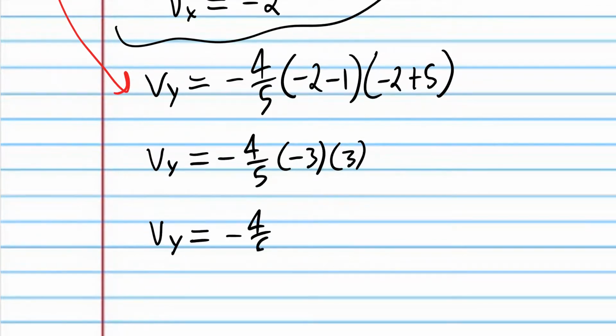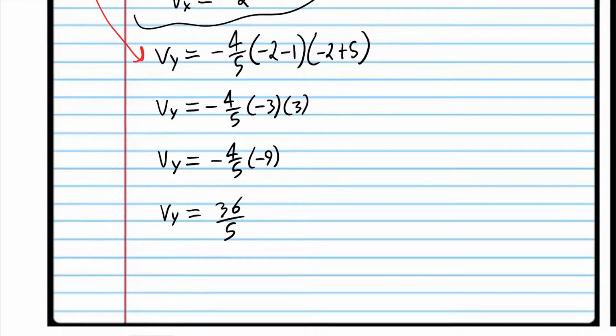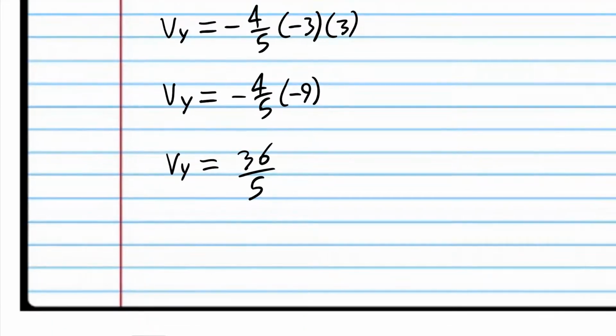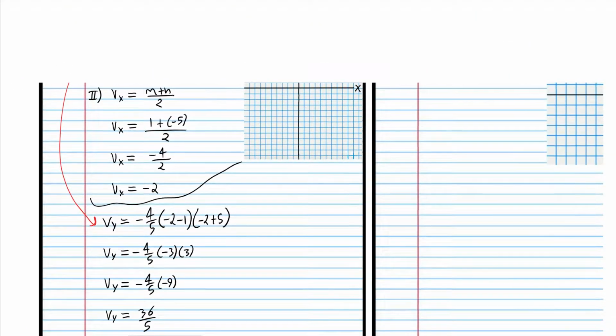And -4/5 times -9, so on and so forth. And that would be positive 36 over 5. Again, if you're having trouble with the arithmetic, you can just go back to my arithmetic course and review that stuff. So now, for graphing purposes, we're going to change this to a mixed number. 5 goes into 36 7 times with 1 left over, so you have 7 1/5. So -2 and 7 1/5.